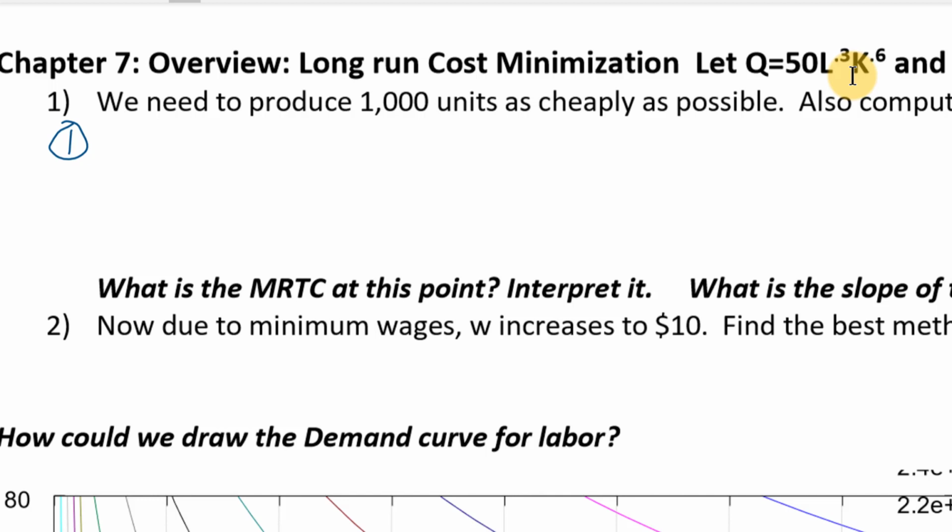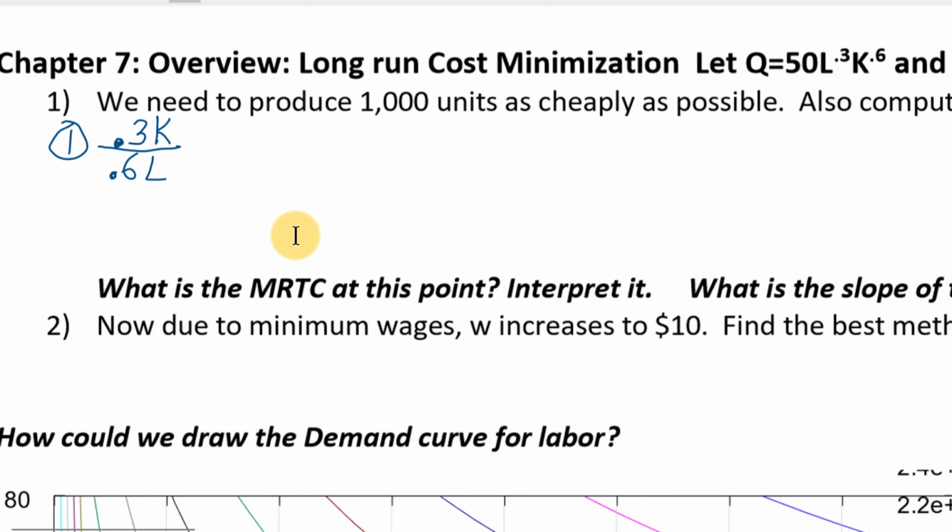The marginal rate of technical substitution for a Cobb-Douglas is just the exponent on the x times y. So that's going to be 0.3 y, but here the y variable is capital, divided by the exponent on the y-axis variable, 0.6, times the x-axis variable, labor. So this equation tells us at any point on the isoquants what is the slope.